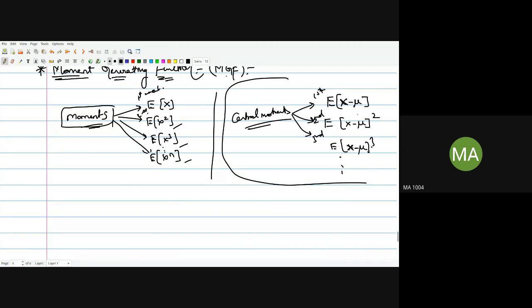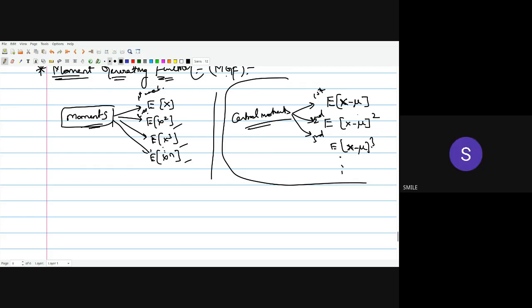So how do you centralize? Being centralized means you are trying to find the deviations from a point, how much it deviates from a central value, right? See, how do you centralize a random variable? You try to make the expected value of that random variable equal to 0.